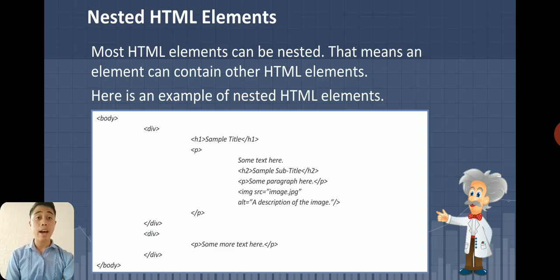Then paragraph, some paragraph here, closing paragraph, image source image.jpg, alt equals a description of the image, slash, then close paragraph, and close division. Another division, paragraph, some more text here, close paragraph, close division, and close body.